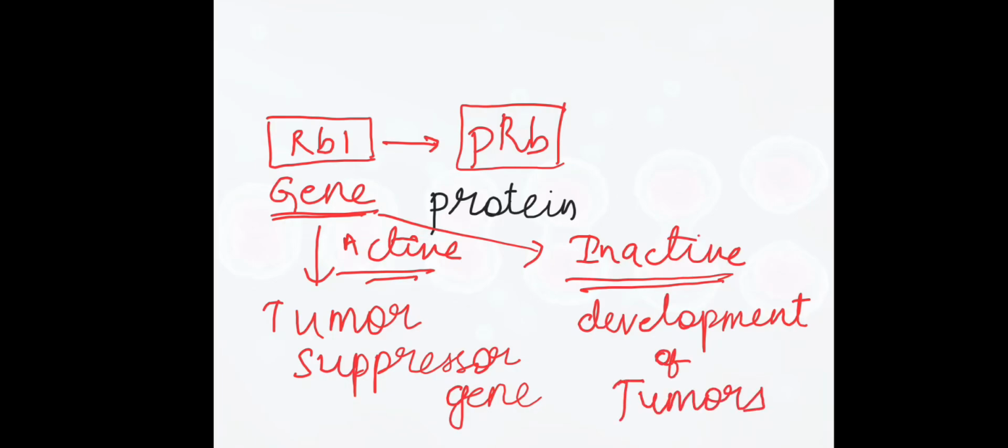So if the gene retinoblastoma is active, then it codes for protein pRB, and that suppresses the tumor growth. If the gene retinoblastoma 1 is inactive, then it may lead to development of tumors. So therefore it is called a tumor suppressor gene.